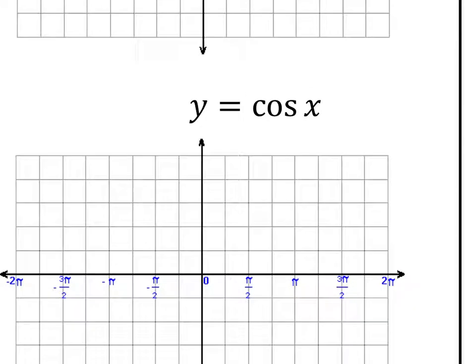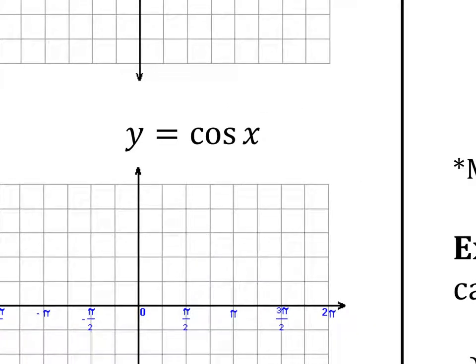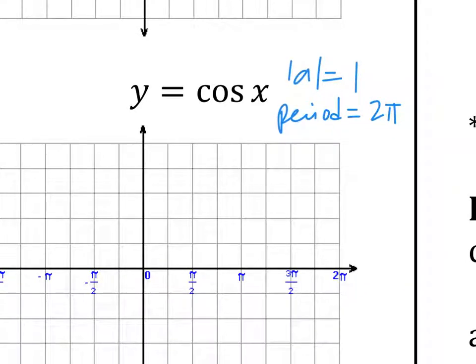Murphy, what is the amplitude on this cosine? 1, good. Gary, what is the period on this cosine? 2 pi. Okay, so we're going to mark the amplitude 1 and -1. And then we're going to mark 1 period, which is 2 pi. Break into half again.